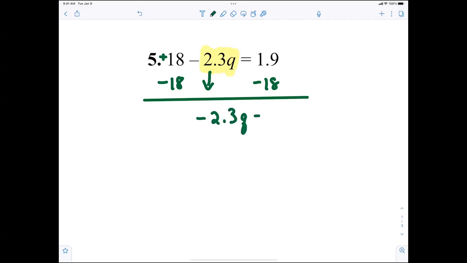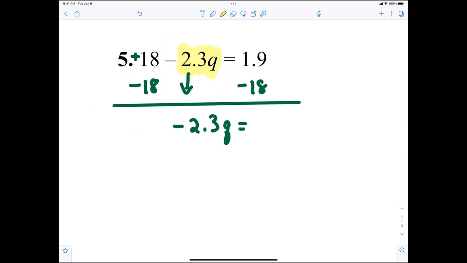-2.3 Q equals. All right, now, again, guys, stop and think about this. Is my answer going to be positive or negative for this? It's negative. Now, instead of doing 18.0 minus 1.9, take an 8, make a 7, borrow, that's boring.